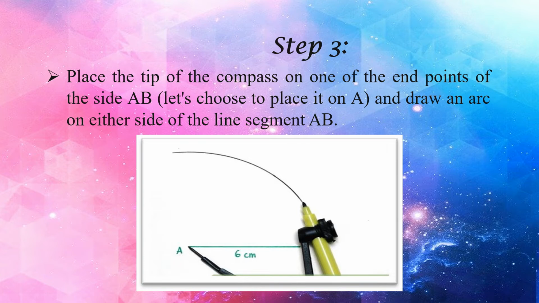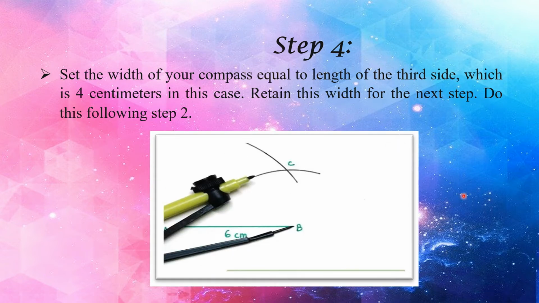Place the tip of the compass on one of the endpoints of the side AB. Let's choose to place it on point A and draw an arc on either side of the line segment AB. Step 4. Set the width of your compass equal to the length of the third side, which is 4 centimeters. Retain this width for the next step.